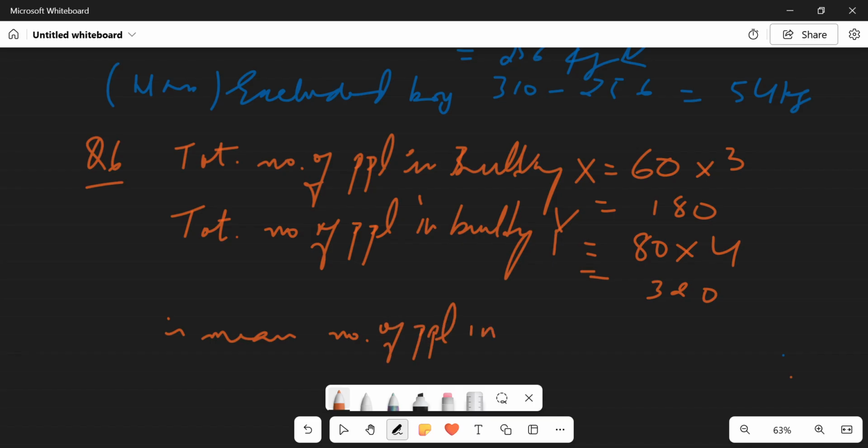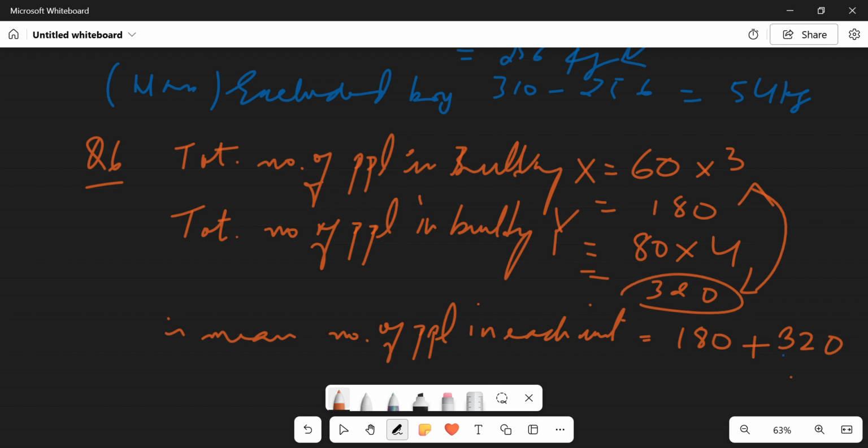So 180 plus 320, because we are finding the mean and you need to add both of them, X and Y. And for the units, 60 plus 80.